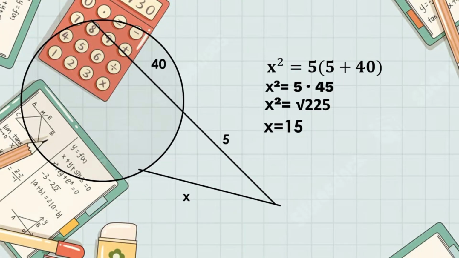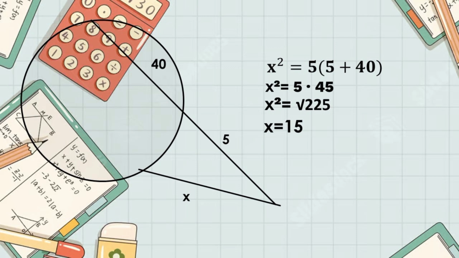The tangent is x, because it is the line outside of the circle. So x squared equals 5 times (5 plus 40), because the secant's outside part is 5 and 40 is inside the circle.